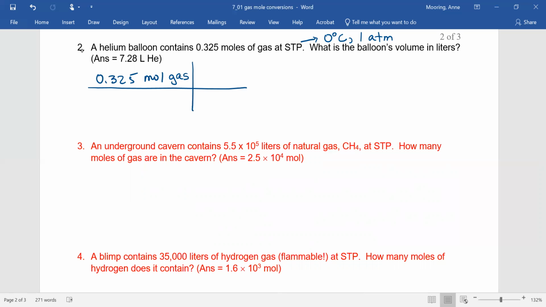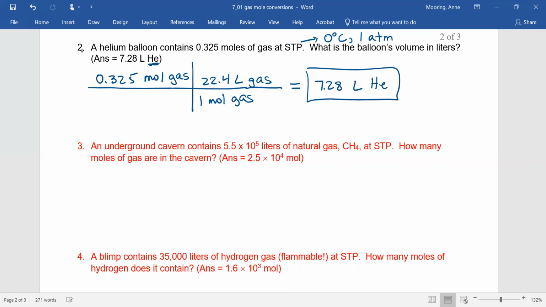Doesn't matter, because we know that 1 mole of gas has a volume of 22.4 liters of gas at STP. We do our math and we get 7.28 liters of helium. Well, actually, look, there I said it was helium, but it would hold true if it was any gas.